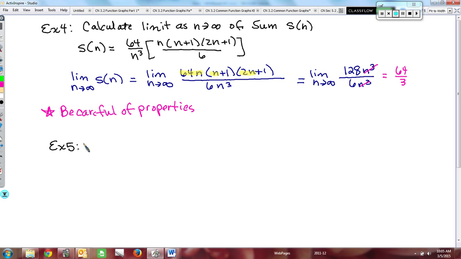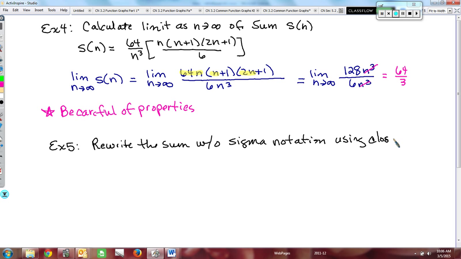Notice that in the last one, before I did the limit, you must have gotten rid of the sigma notation to get that formula. So let's practice one where we get rid of the sigma notation. Rewrite the sum without sigma notation. In other words, you're going to use the closed formulas.